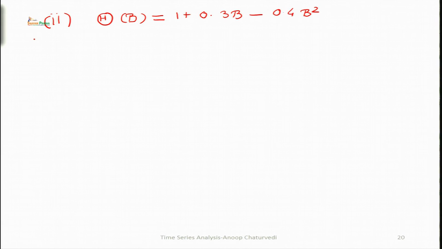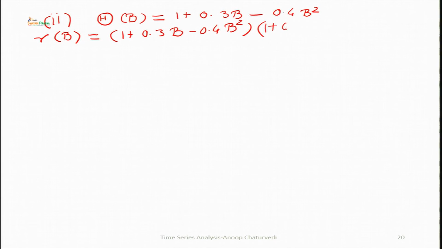So, you can easily obtain the autocovariance generating function gamma b equal to 1 plus 0.3 b minus 0.4 b square multiplied by 1 plus 0.3 b inverse minus 0.4 b minus 2.